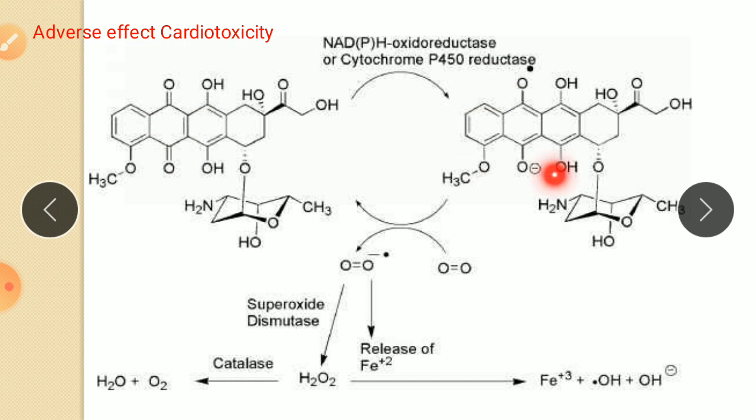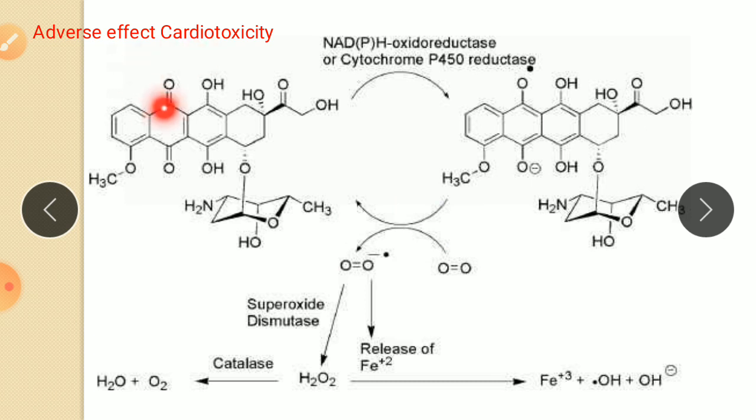So like this. It is a reversible reaction. Again this product is formed, so it is called a cyclic redox reaction. During this reaction superoxide is produced. So it is a free radical, superoxide. So it is called a redox reaction.